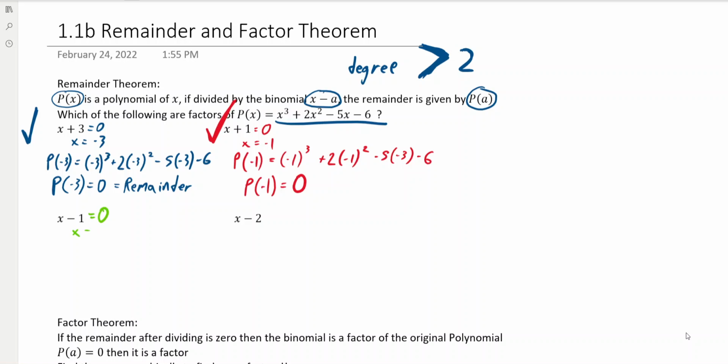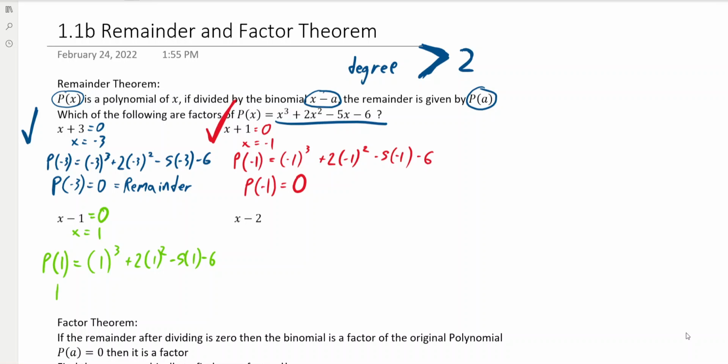So x equals 1. Now this is a positive 1, so we're going to put it in the same position. Should be a negative 1 over here.